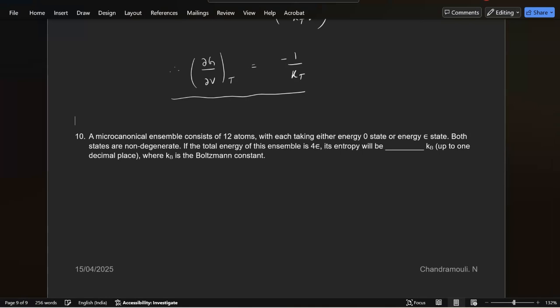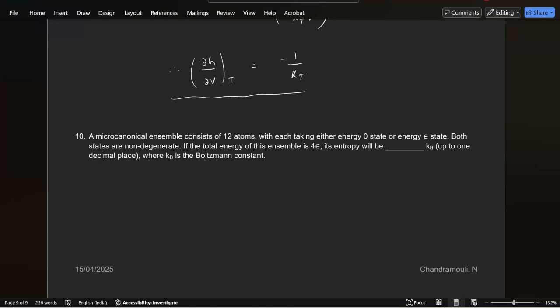So this is the last question that you asked. First thing is, do you know what is meant by microcanonical ensemble? No, okay. The Boltzmann distribution that Sir taught in the class is the canonical ensemble, where the population is based on weighted averages.